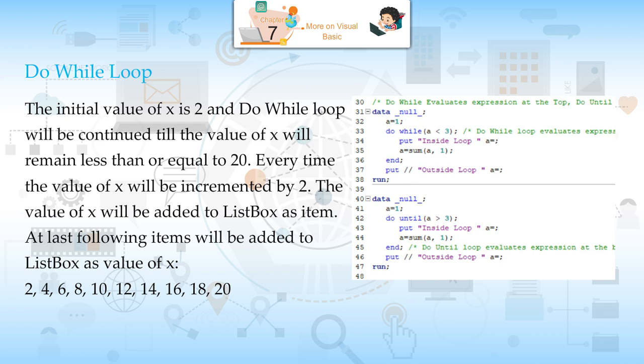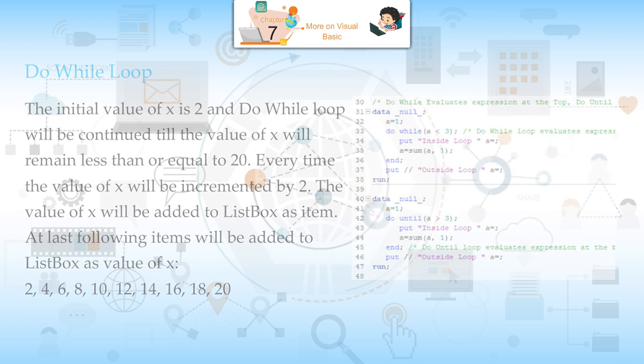Every time the value of x is incremented by 2, the value of x will be added to the list box as an item. At last, the following items will be added to the list box as values of x: 2, 4, 6, 8, 10, 12, 14, 16, 18, 20.